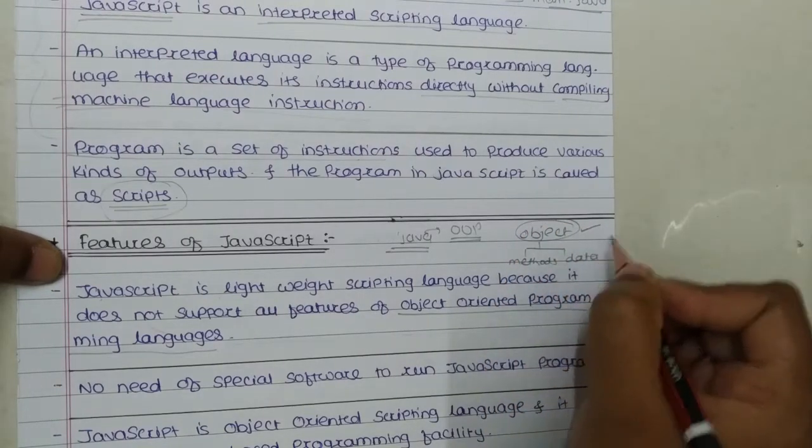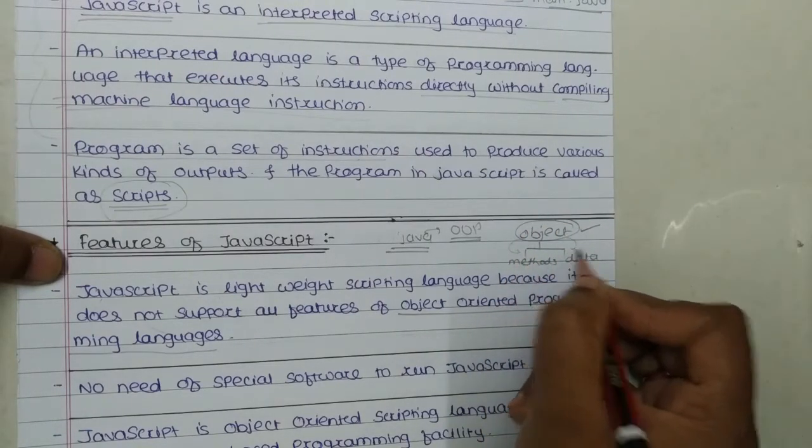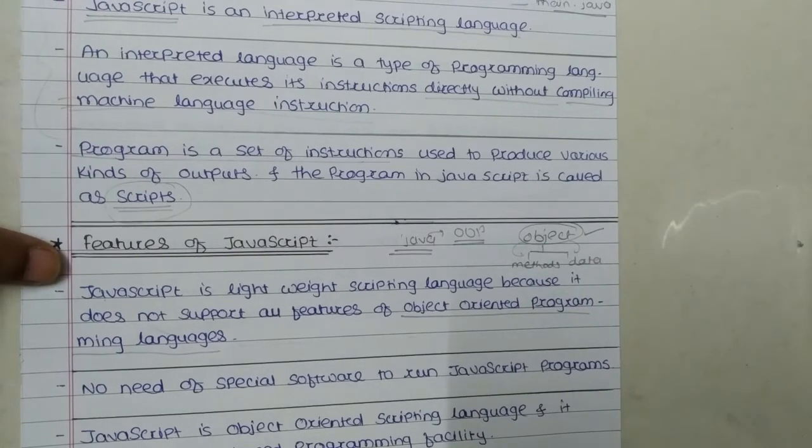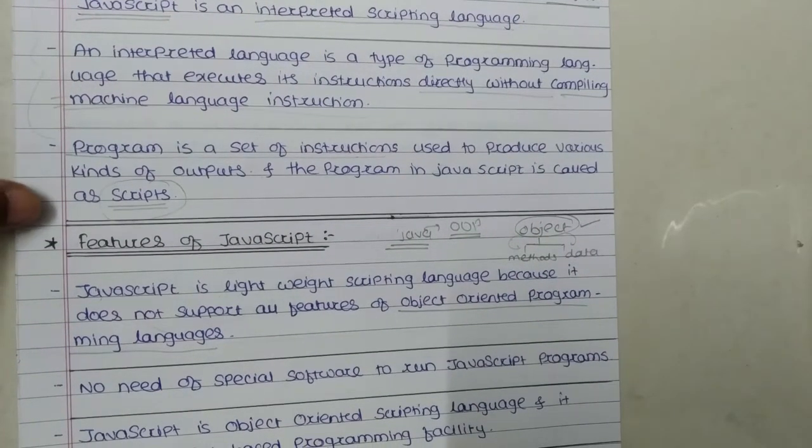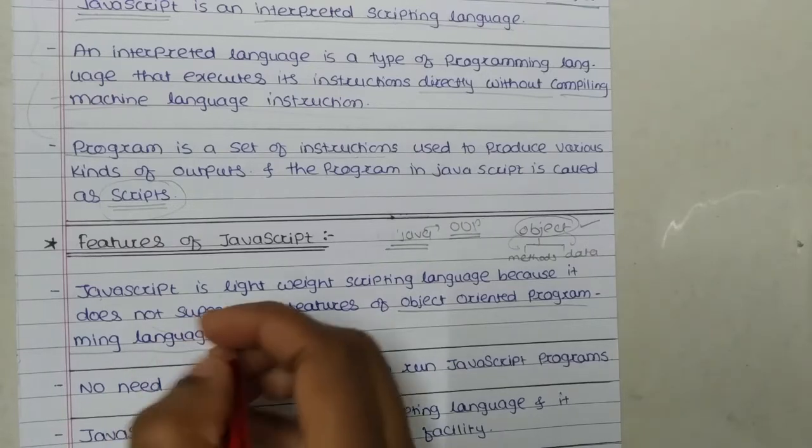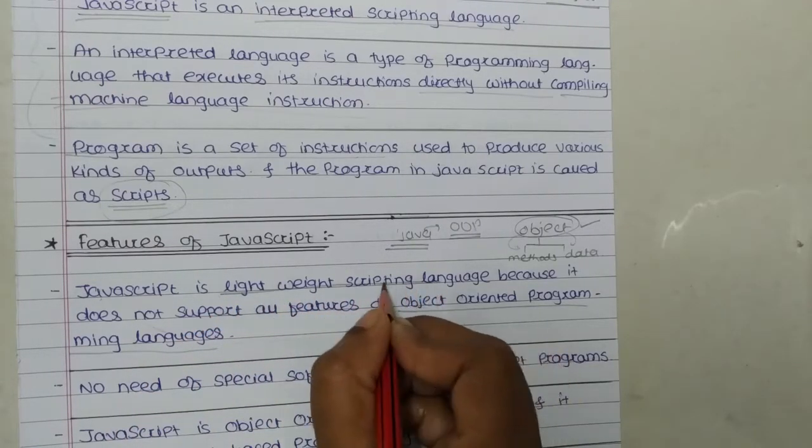When this object is executed, then all these methods and data will be executed. Object-oriented programming languages provide features like encapsulation, inheritance, polymorphism, but JavaScript does not support all the features of it. Therefore it is called a lightweight scripting language.